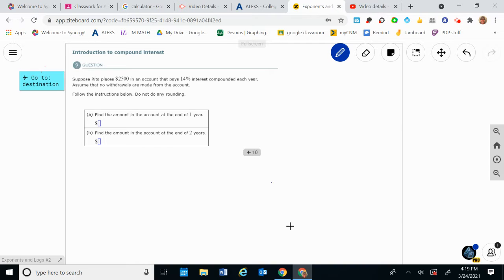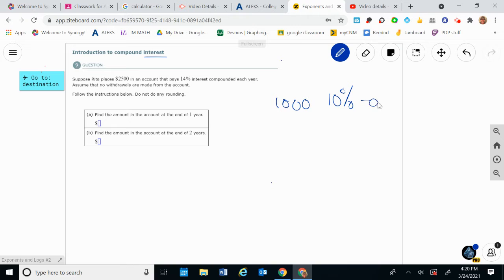A couple of things before we begin, just in case you don't know: interest can either be charged or you can earn interest. For example, when you take out a loan, they might charge you a certain percentage interest. Say you take out a loan for $1,000 and they charge you 10% annually, and you paid nothing on that loan.